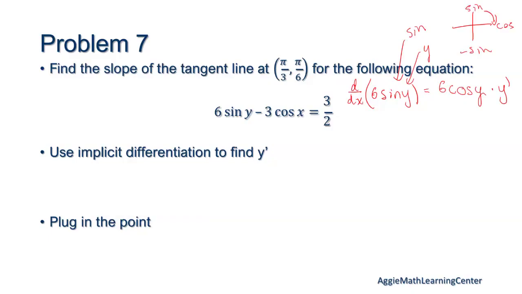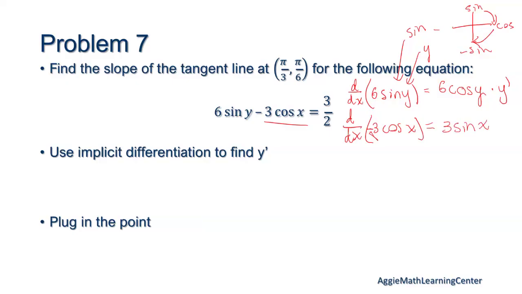Cool. And then we have our next chunk, which is this guy. So it's going to be d dx of 3 cosine x. We'll keep that negative. Okay, cool. So then what's our derivative of cosine x? Negative sine. Yeah, and then if it's negative sine, these negatives will cancel. Sorry, it's 3 sine x.